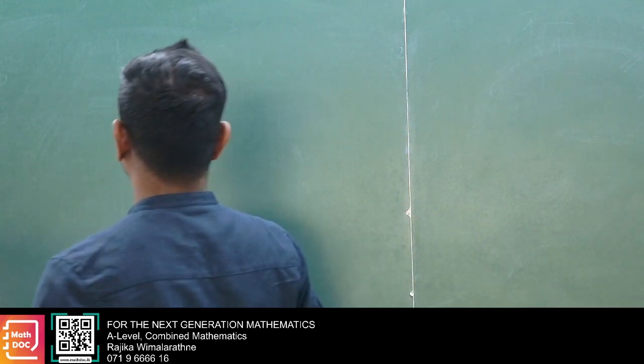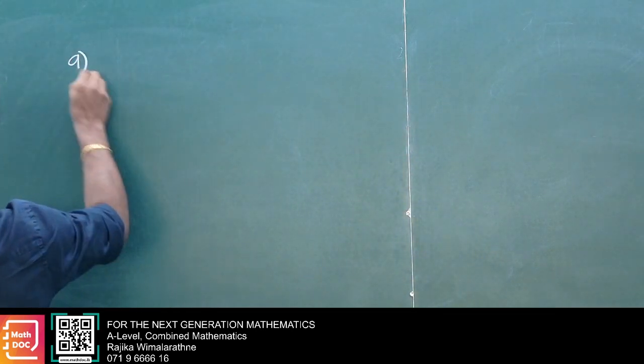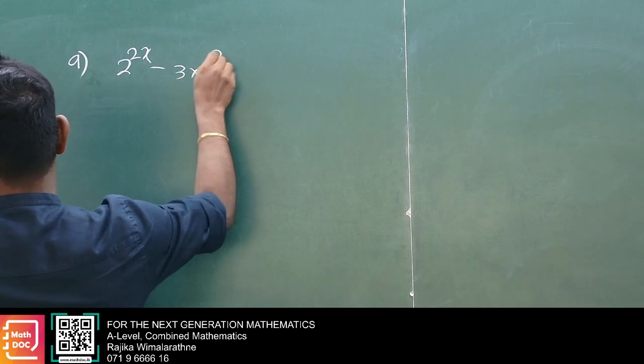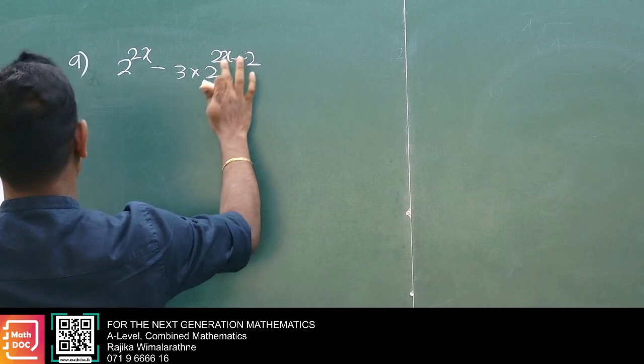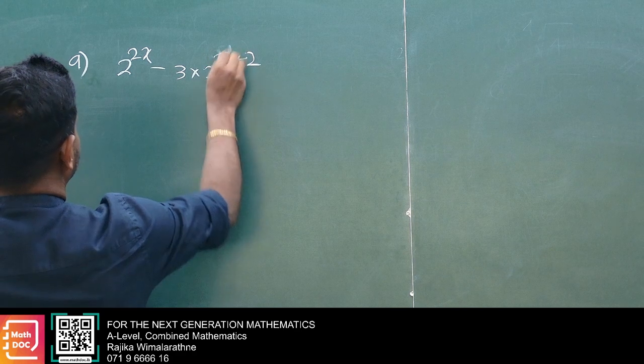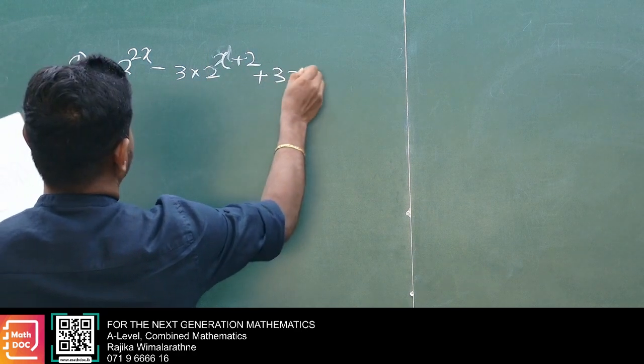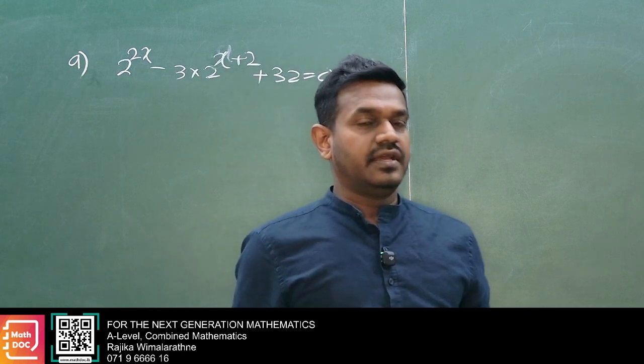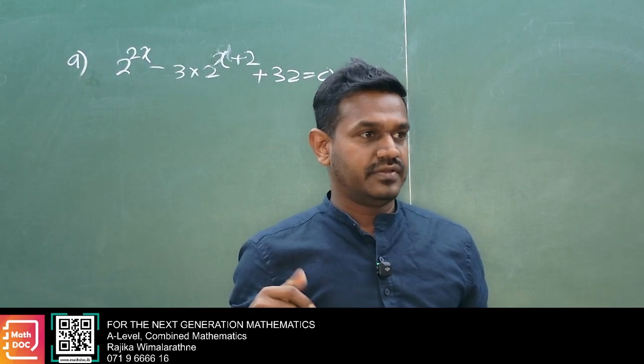Here given part A: 2 to the power 2x minus 3 times 2 to the power 2x plus 2 ... 2 to the power x plus 2, 32 equals 0. Okay, that is an exponential type.